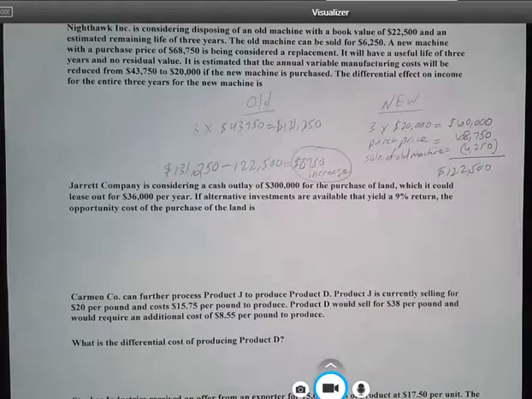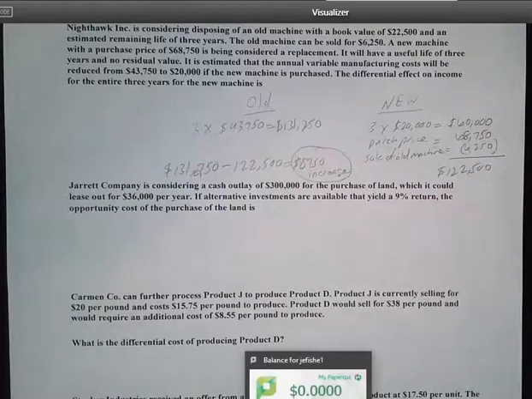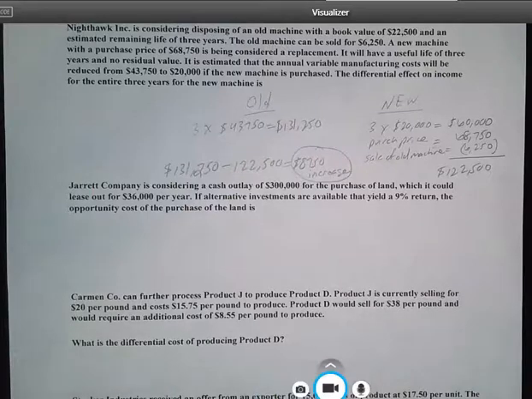Let's see what else we have here. It says right here, Jarrett is considering a cash outlay of $300,000 for the purchase of land, which it could lease out for $36,000 per year.